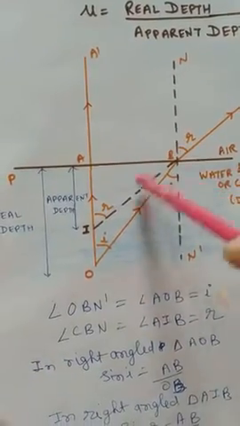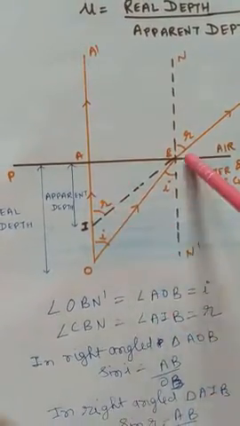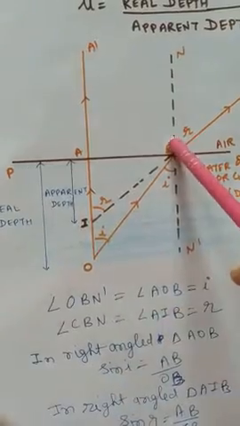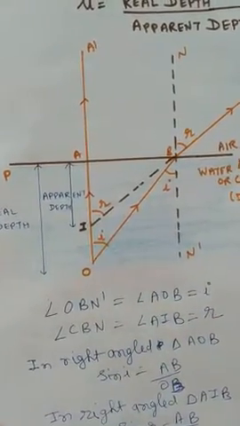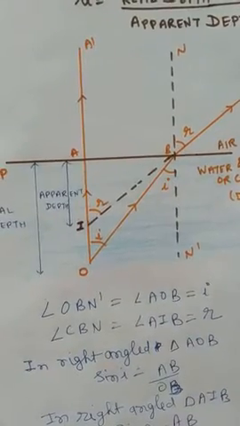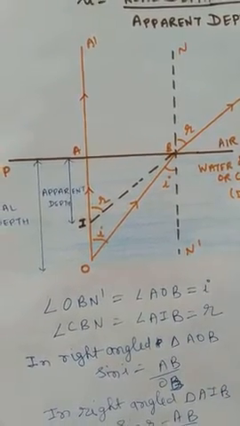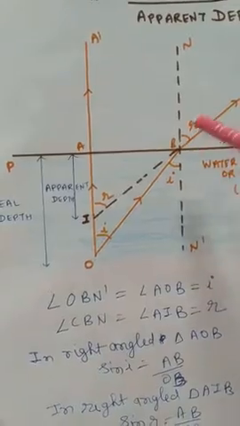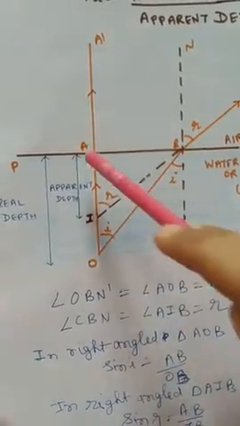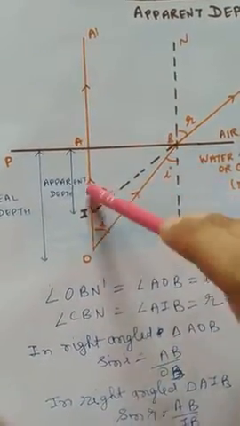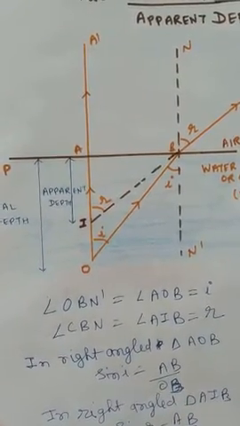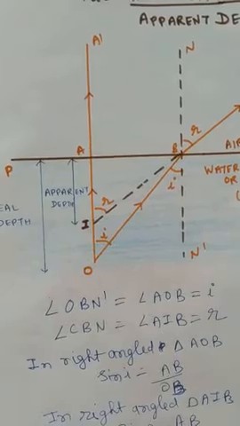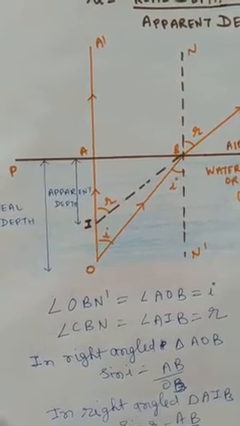Then select the two triangles AOB and AIB, find out sin I and sin R, apply Snell's law, find sin I upon sin R, and then you will get the relation very clearly. When you write B is close to A, OB will become equal to OA and IB will become equal to IA. So this is how you get the relation, a very important relation. Most of the time it is asked in the examination.